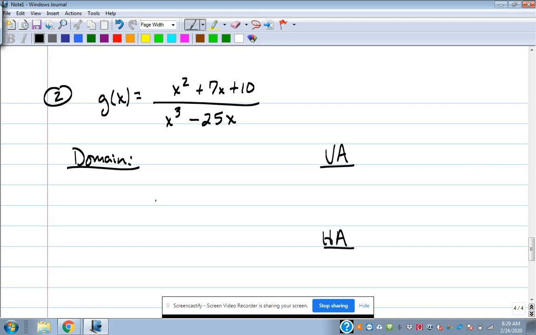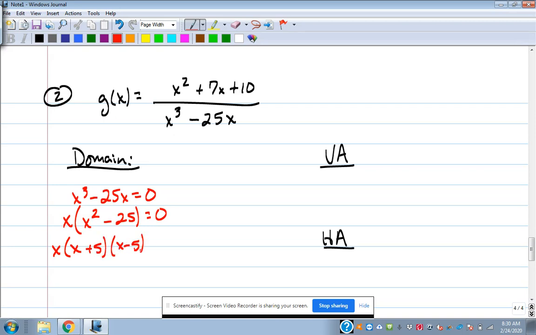Just find that domain. What do I do? Factor the bottom. So set x cubed minus 25x equal to 0 and factor that. How do I factor that? GCF of an x, that leaves x squared minus 25. So that gives you x plus 5 and x minus 5.